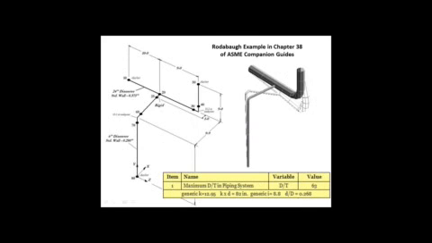Let's go to the example in Chapter 38 of the ASME Companion Guide by Ev Rodabaugh. This example illustrates the use of ASME flexibilities Ki and Ko. What we've got here is an equivalent length of 82 inches, so the K times D here is 82 inches. The D over T ratio for this system is 63. It's greater than 50. We expect a lot more of an impact here.